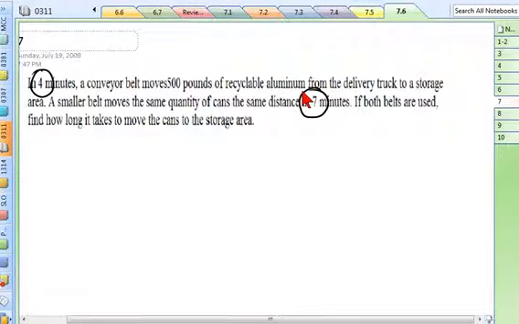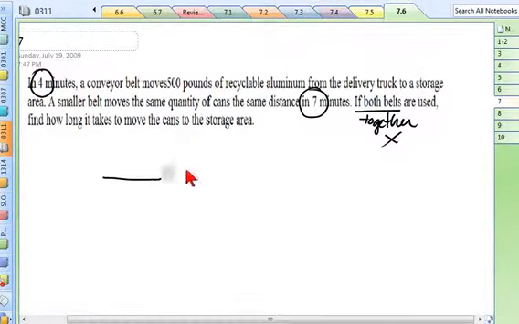Are those numbers alone times or together times? Alone times. It goes on to say, if both belts are used, find out how long it takes to move the cans to the storage area. If both belts are used, which will be together, and that will be X.